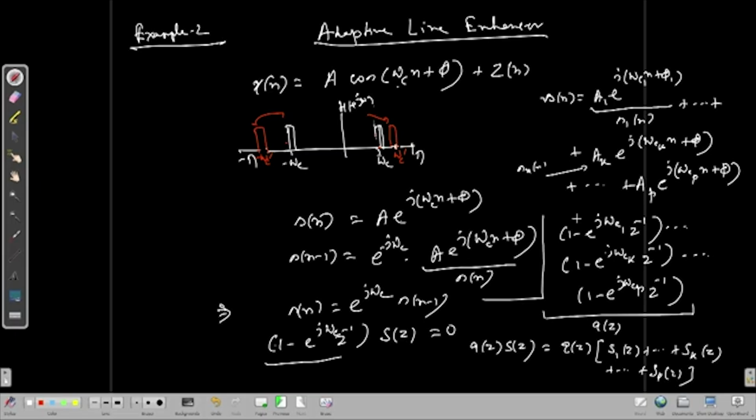Qz is this much into S1z, but this is a product of the first order factors. So, I can always bring this factor in the first position, isn't it? I am multiplying the factors.